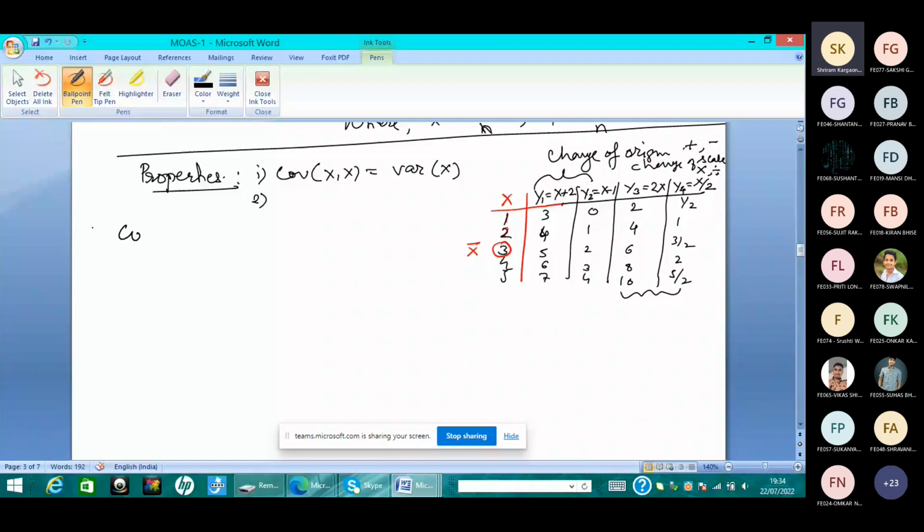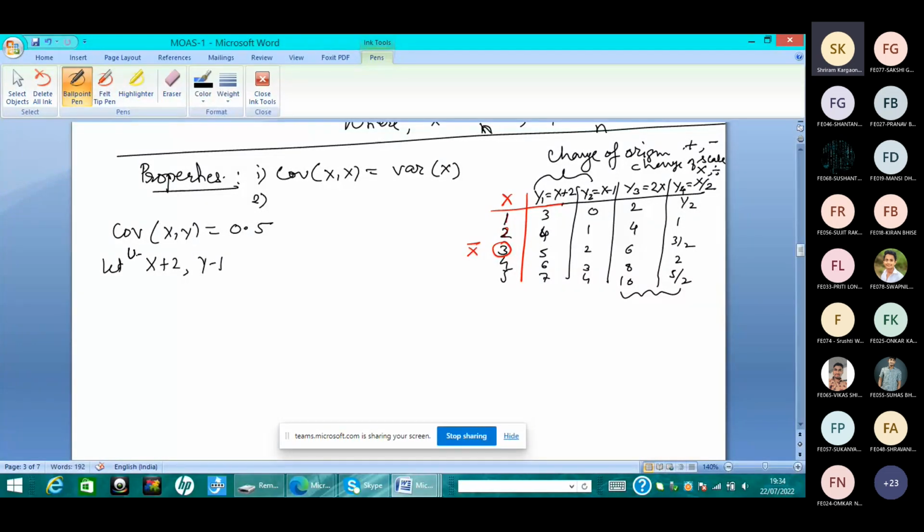What do you mean by that? What is the effect of change of origin? I do not write the entire sentence, but suppose I give you a situation so that you will quickly understand. Suppose covariance between x and y is equal to 0.5. Suppose I define new variables: x plus 2, and y minus 1.